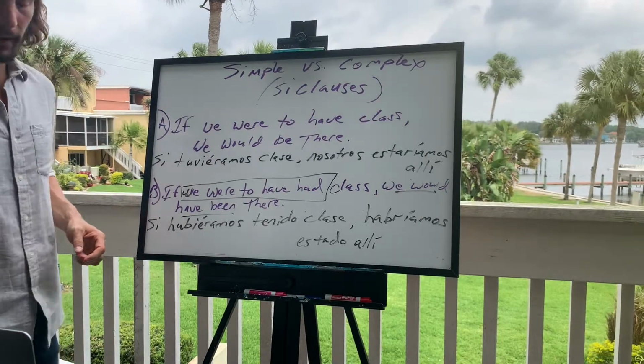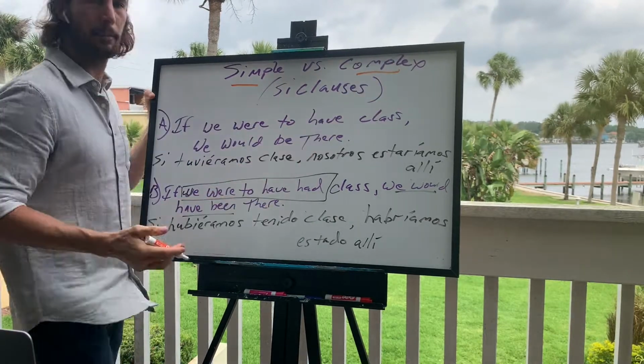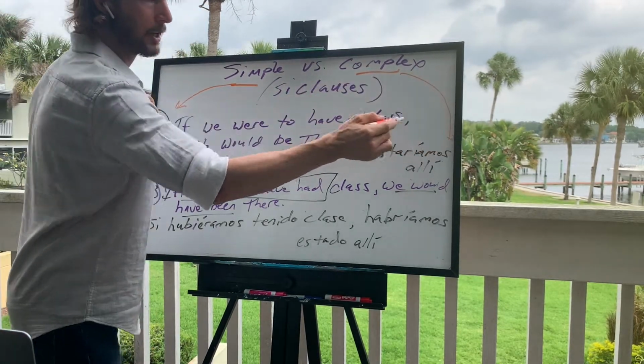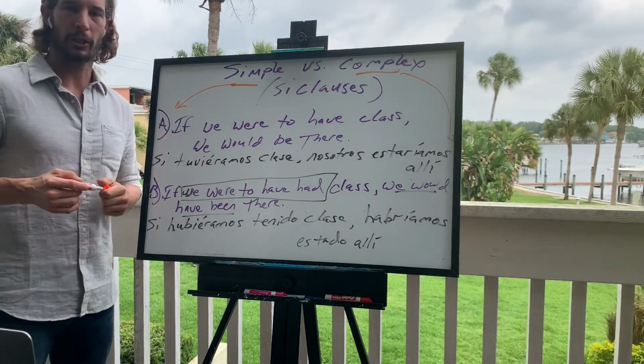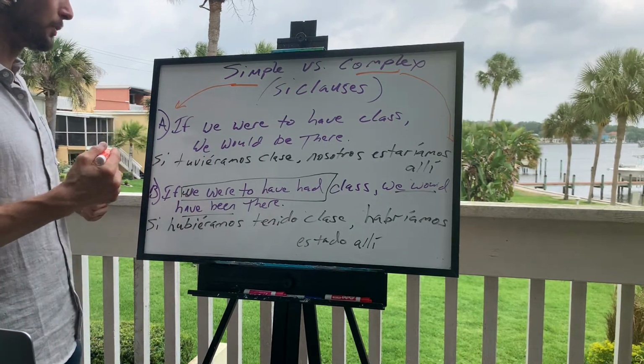To summarize, we'll call it the simple si clause and the complex si clause. The simple si clause is A, and the complex si clause is B, which includes the perfect tenses. That's a way to differentiate between the two grammatically. So we have here, if we were to have class, we would be there.